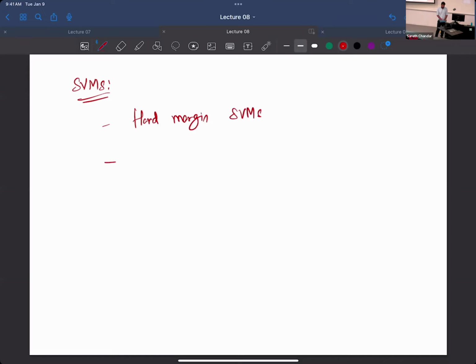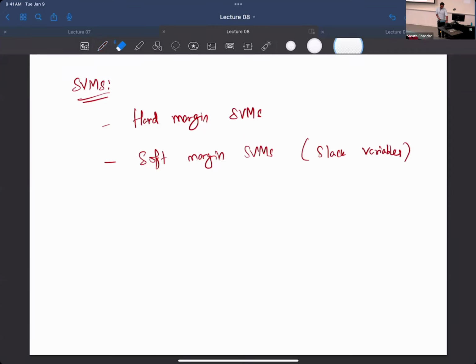And then we relaxed certain constraints to make it soft margin. Specifically, we used the idea of slack variables to relax the constraints and get soft margin SVM, right? Now, can someone tell me the difference between these two formulations?